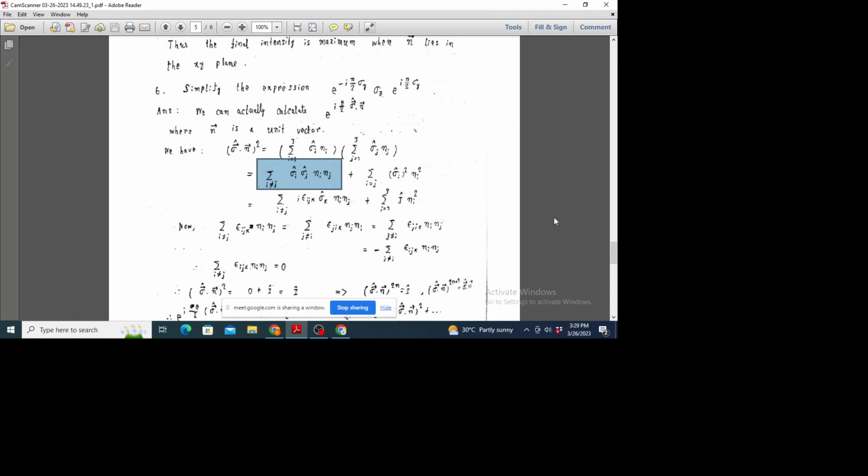So there are 6 terms in this summation, and then there are square like summation. So this is the summation for which i equals j, and i is running from 1 to 3. So there are 3 terms in this summation. So 3 terms in this highlighted sum and 6 terms in this i not equal to j sum. So that gives you a total of 9 terms.